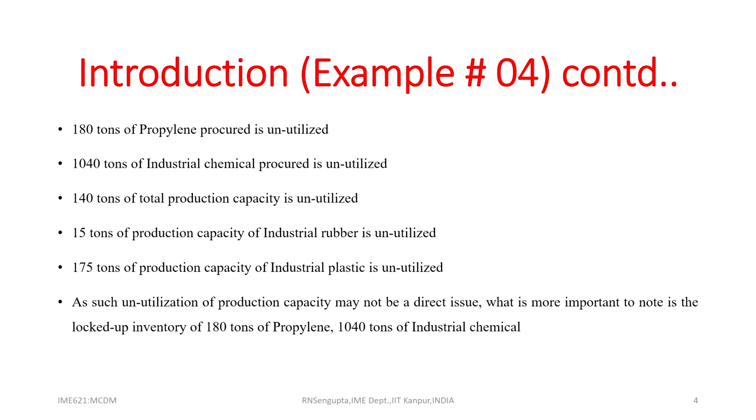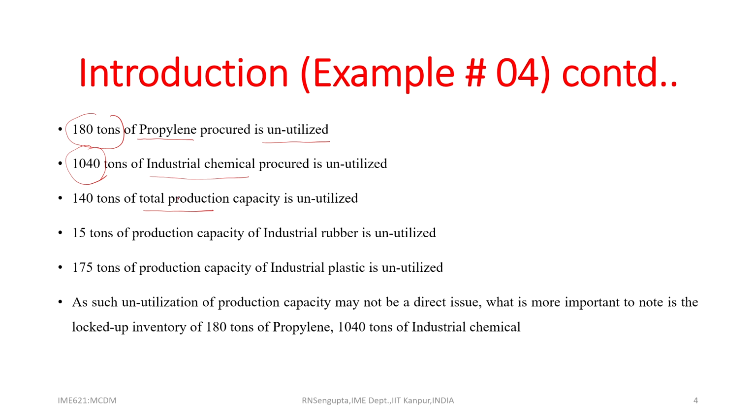There would be unutilized parts, and if you remember, there were 3 raw materials and 2 products. The propylene, which is one of the raw materials, would be 180 tons unutilized, that is, procured for the month but not utilized. For the industrial chemical procured, unutilized will be 1040.